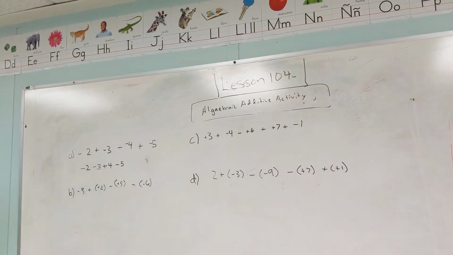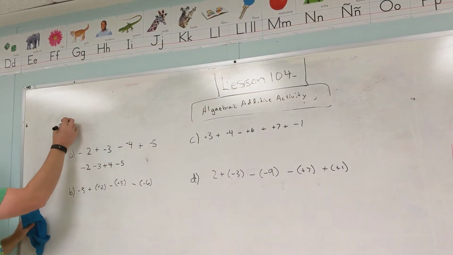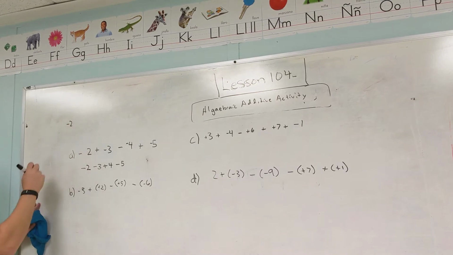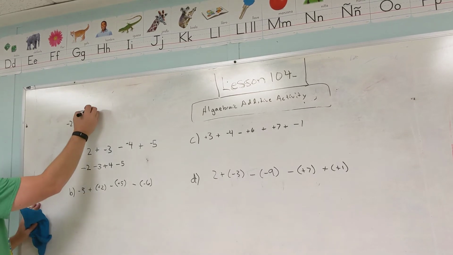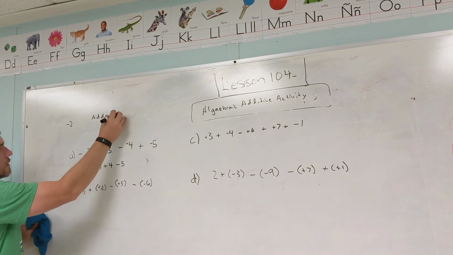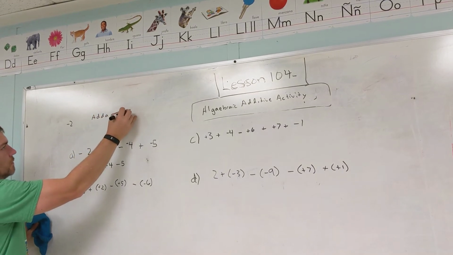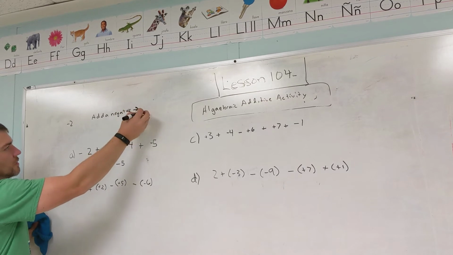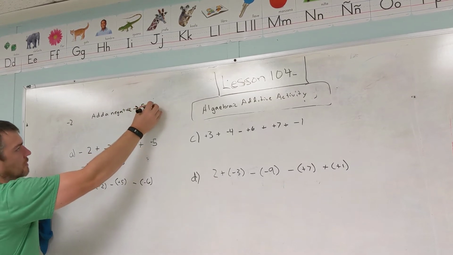Okay? So the way this works is, if you have a negative number out front, we're going to keep it negative, right? That's our negative 2. When you add a negative, we can turn that into a subtraction.